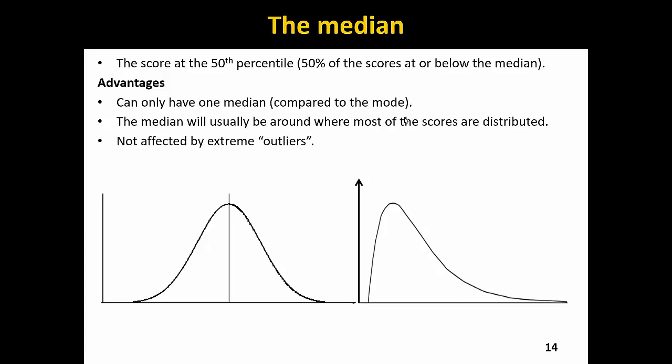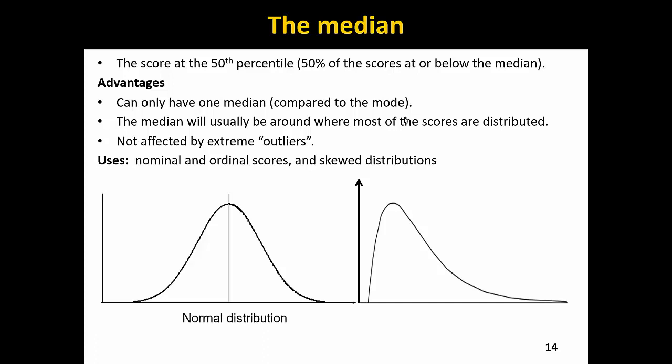The median is also unique in that it's not affected by very high or very low scores that we often refer to as outliers. It is most commonly used when we have skewed distributions, but also when our data fits within the nominal or ordinal scale of measurement.